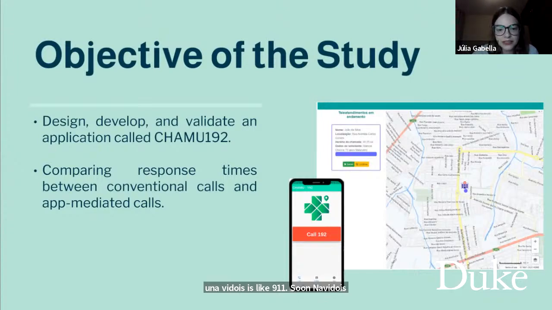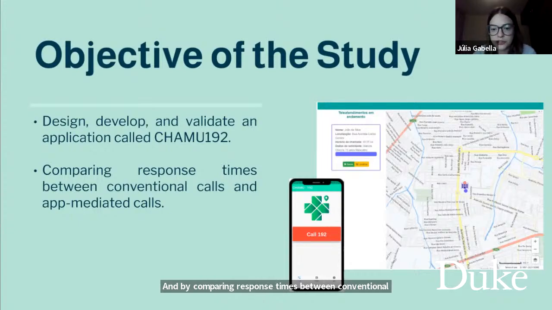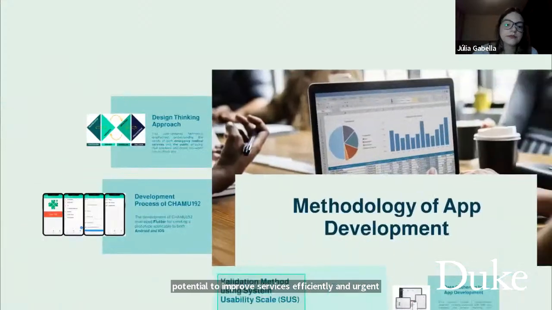So we developed this app, which is intended to geolocate emergency calls effectively. And by comparing response times between conventional calls and app-mediated calls, we seek to understand the app's potential to improve services efficiently in urgent medical situations.